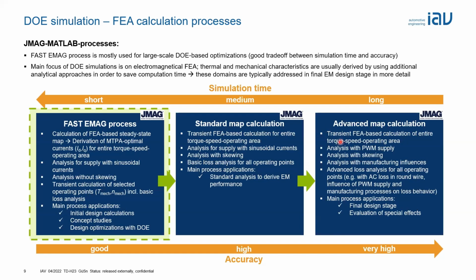Here we have also transient FEA-based calculations for the entire operating area, including, for instance, PWM supply, rotor skewing, manufacturing influences, and also advanced loss analysis, for instance, with AC losses in round wires. And this process is usually applied at the end of the design process, so in the final design stage, and also for the evaluation of special effects.